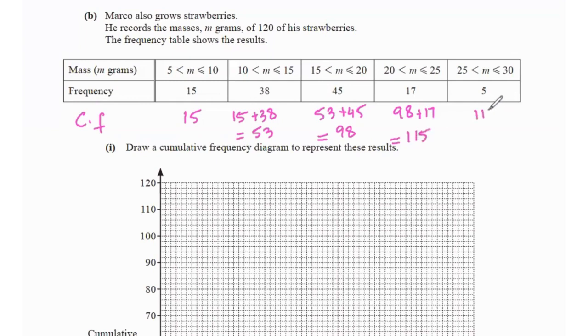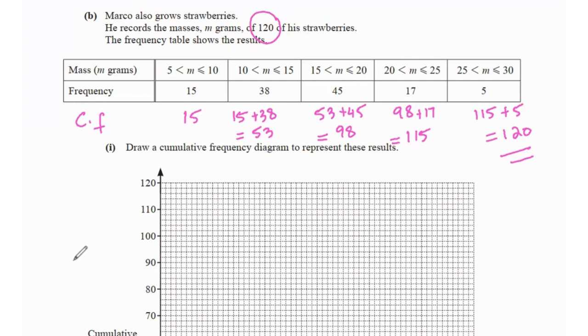And then we do 115 plus 5, which equals 120, which is the same value as your total frequency given over here. To cross-check if your cumulative frequency values are correct, always match your final answer with the total frequency given in the question. If those values are the same, that means your cumulative frequency values are correct.